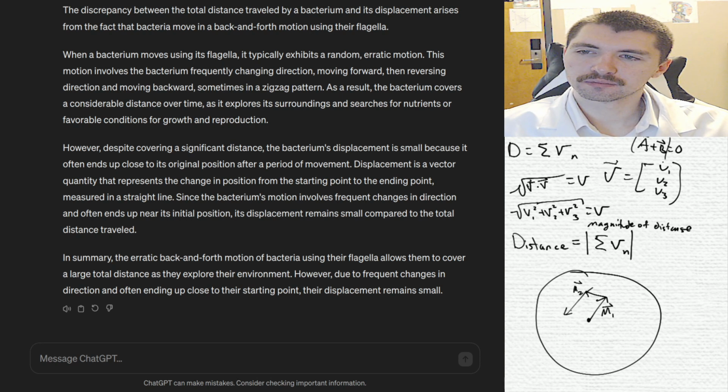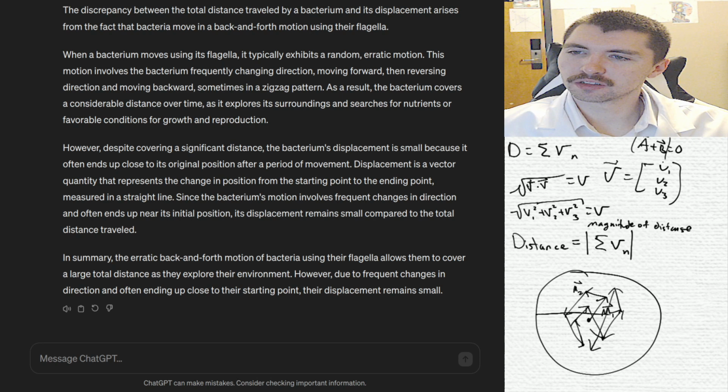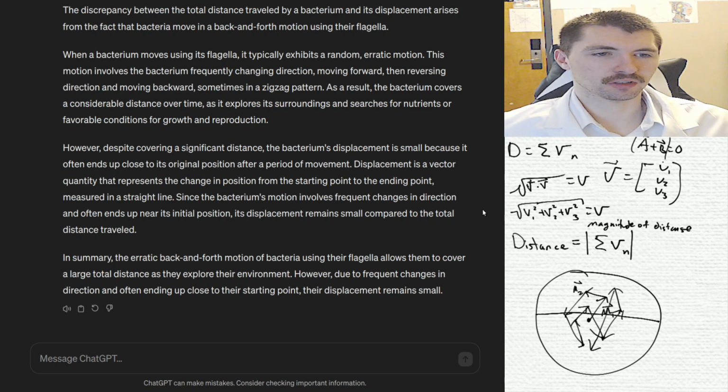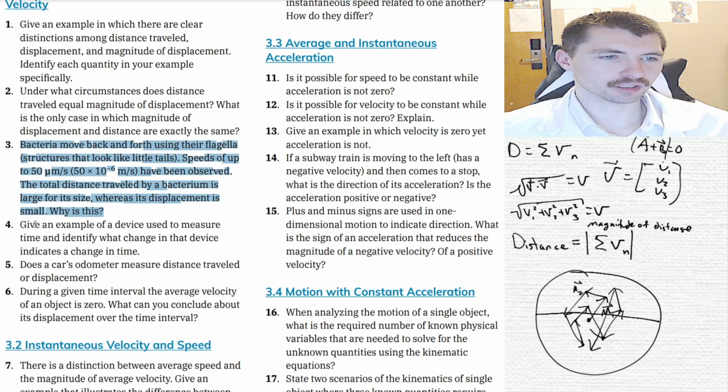As you can see, it's covering a lot of distance. But the displacement can't be greater than this circle. That's what I'm understanding from it.